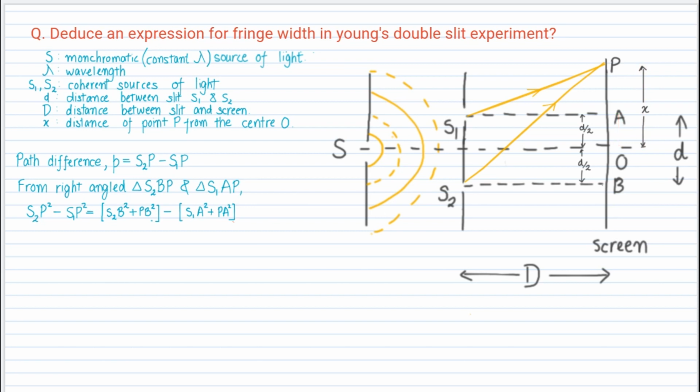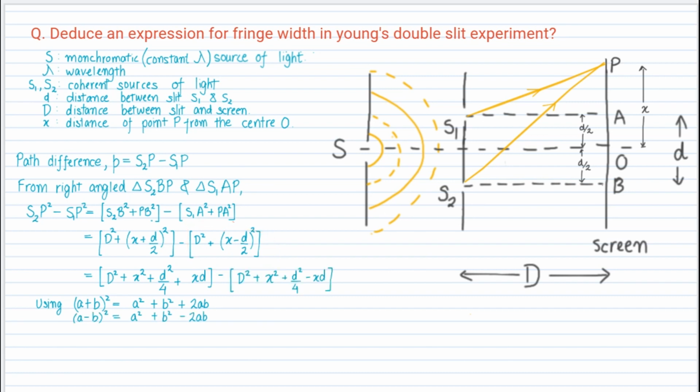Fine. Now let me expand this term. Using the (a plus b) whole square expansion, which is a square plus b square plus twice of ab, I can expand this term. So I'll write x square plus d square by 4 plus twice of x times d by 2, which will be xd. Now similarly, let us write this part of the bracket.